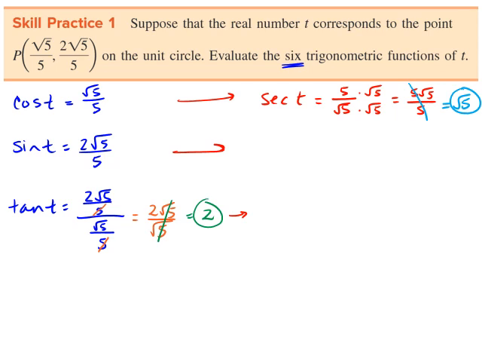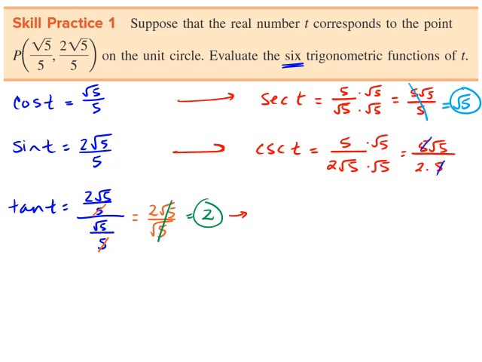The reciprocal for sine of t is cosecant of t. Taking the reciprocal of what I have there and multiplying by root 5 on the top and the bottom to rationalize the denominator, I end up with 5 root 5 over 2 times 5.